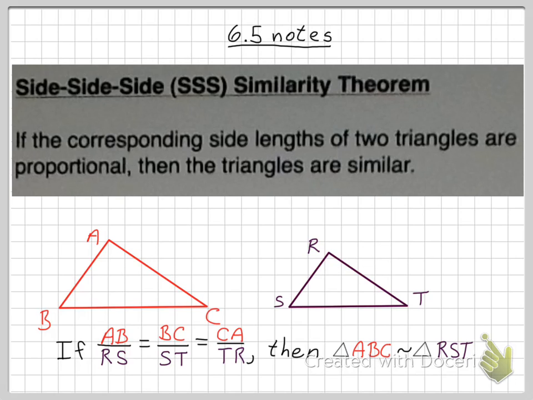In other words, when you divide this by this by this, if you get the same number each time, like 3 over 4 or 4 over 3 or 4 over 9, the same ratio every time, then triangle ABC is said to be similar to triangle RST. Okay, so it's another theorem that we have to show similarity.